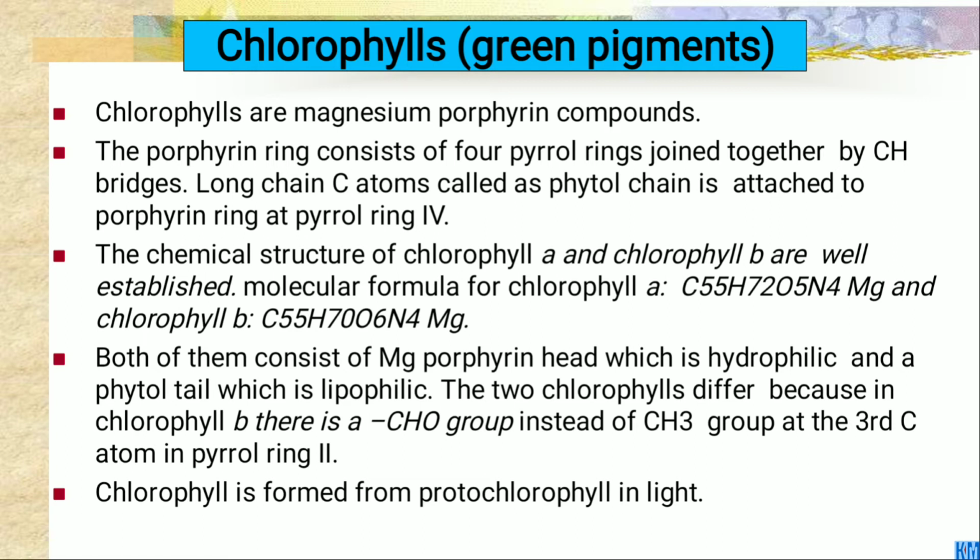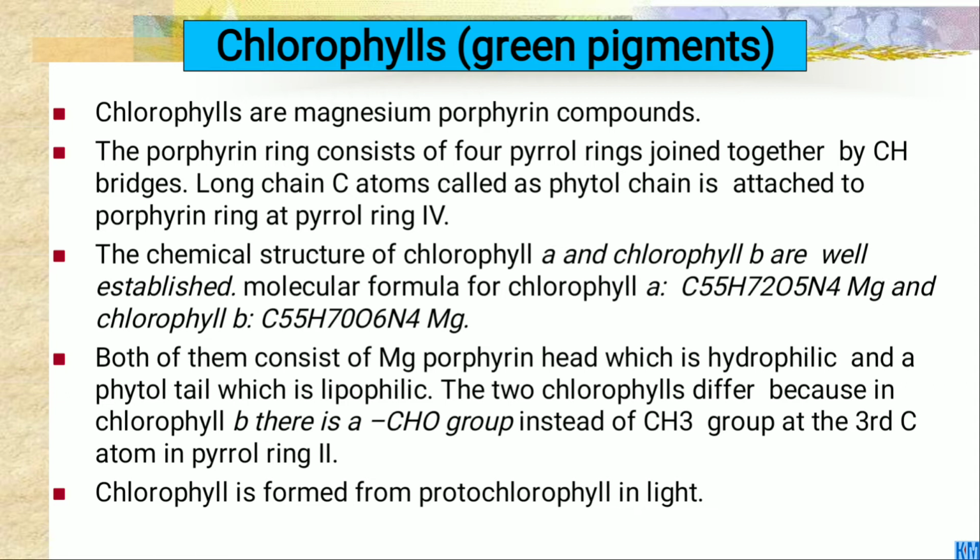The molecular formula of chlorophyll A is C55H72O5N4Mg, and the difference between chlorophyll A and B is in a hydrogen atom and an oxygen atom. Chlorophyll A has the molecular formula C55H72O5N4Mg and chlorophyll B is C55H70O6N4Mg.